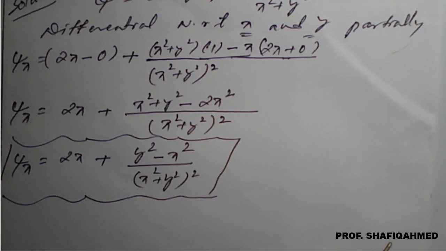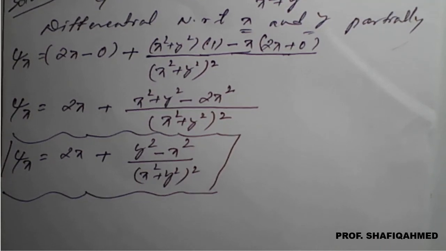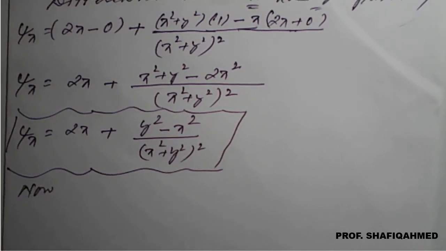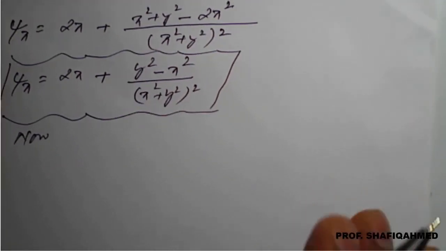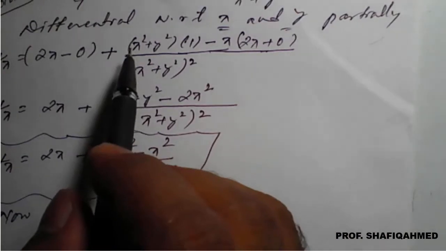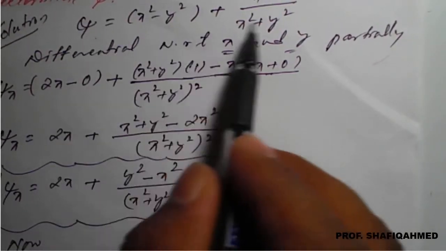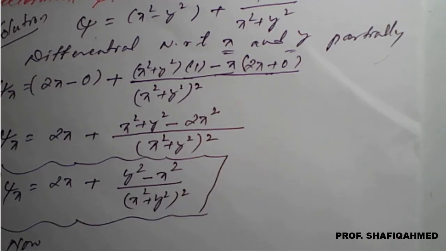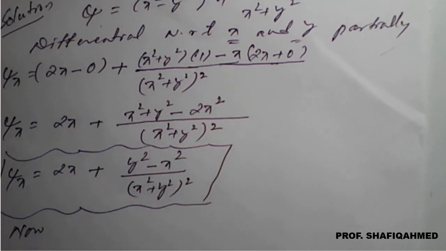Similarly, we now go for the derivative with respect to y. The given function psi we have to differentiate partially with respect to y, and at that time x we treat as a constant.